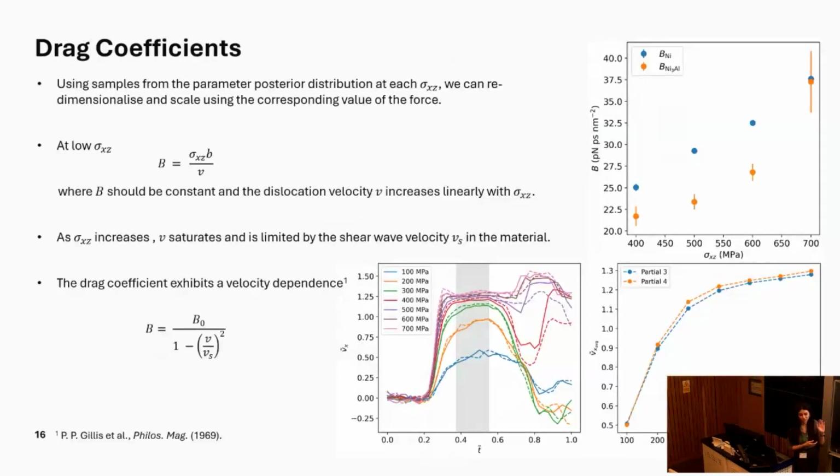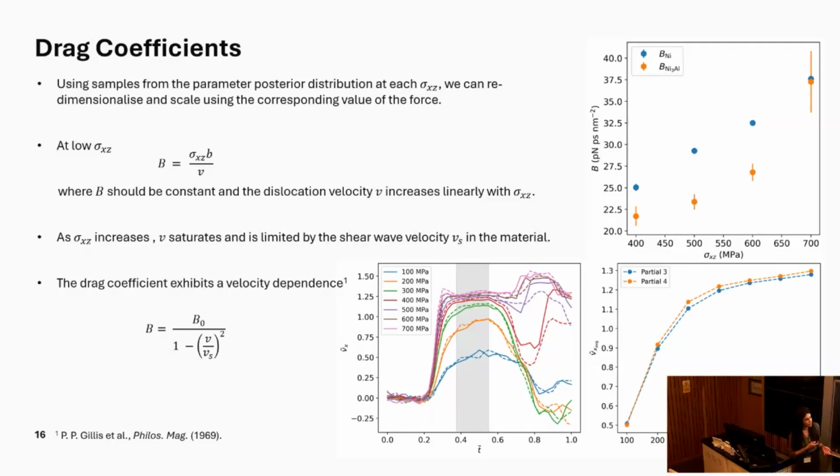I won't show all 13 parameters, but just a couple to highlight some points and motivate some future work. If we look at the drag coefficients, like I said, we have 2 drag coefficients, one corresponding to when the partial dislocations are in nickel, and another when the partial dislocations are in nickel-3 aluminium.